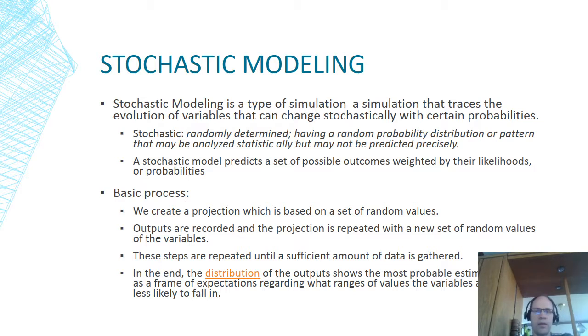In the end, the distribution of those outputs then shows the most probable estimates as a frame of expectations regarding what ranges of values those variables are likely to fall in. And again, this might not make sense at this point, but we're going to walk through some examples that hopefully will help make sense out of this.